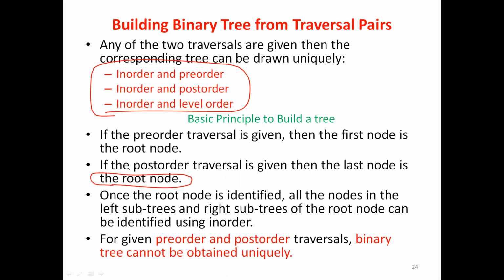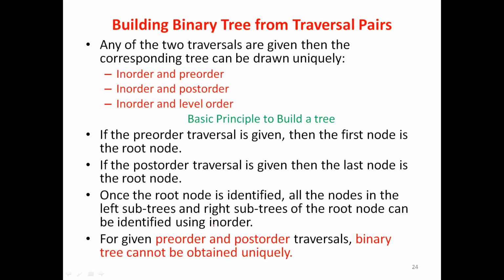Anyhow, we need some pre-order or post-order. Once the root is identified, then all the nodes in the left subtree and right subtree of the root node can be identified using in-order. So I need either in-order and pre-order, or in-order and post-order.